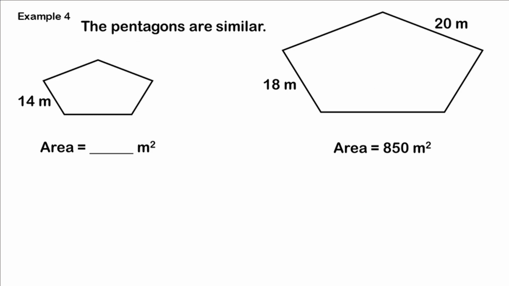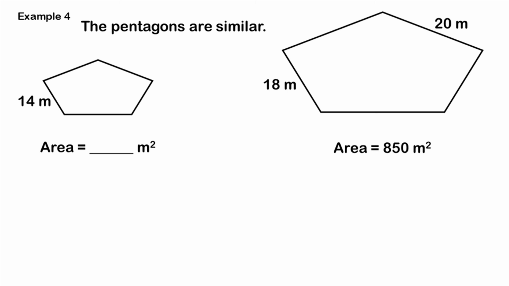Example 4 starts out by telling us that the two pentagons are similar. The pentagon on the left is smaller, and we'll call that the pre-image, and they want us to find the area of that pentagon. Just using that pentagon alone, we don't have enough information to find the area because we only know that one side is 14 meters long.